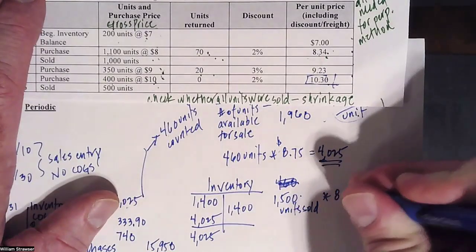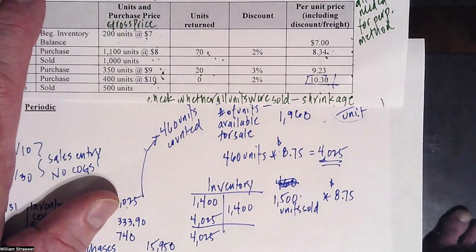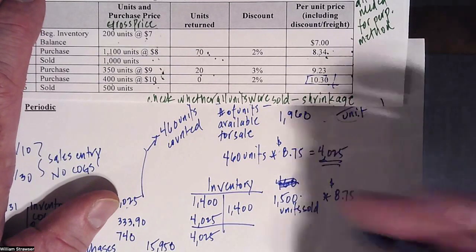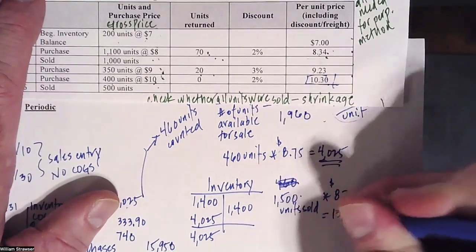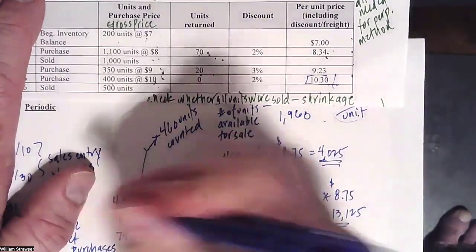And we're going to multiply that by the price per unit because the sold units are given the same price as the units remaining under average cost. And if I apply the 8.75, I come up with 13,125. This is going to be my cost of goods sold.